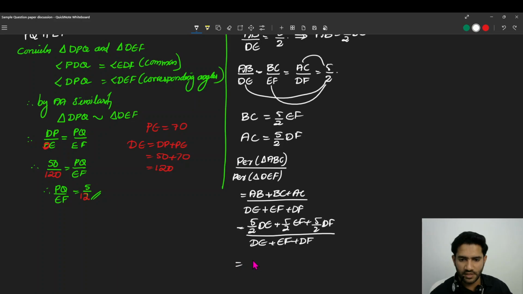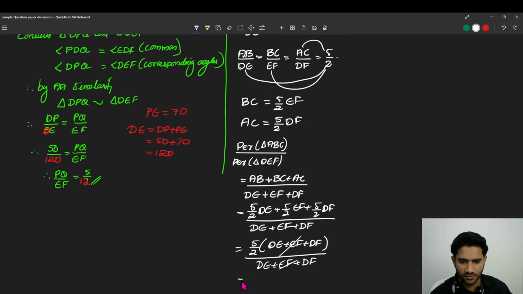Taking 5 by 2 common, DE plus EF plus DF cancels, and we get 5 by 2. 5 by 2 is the answer.